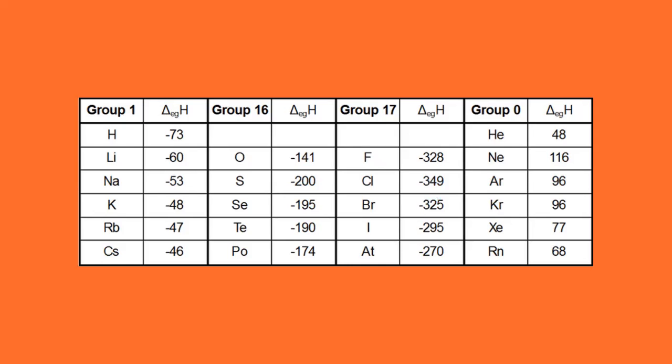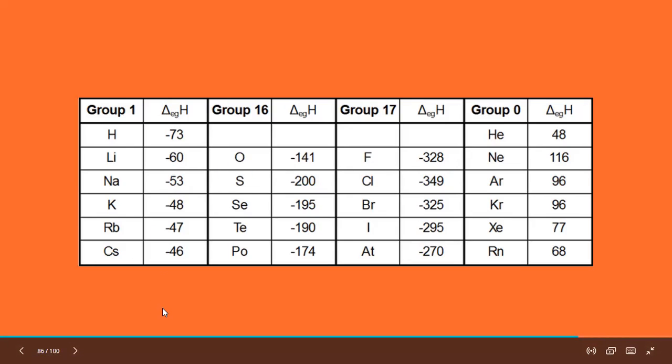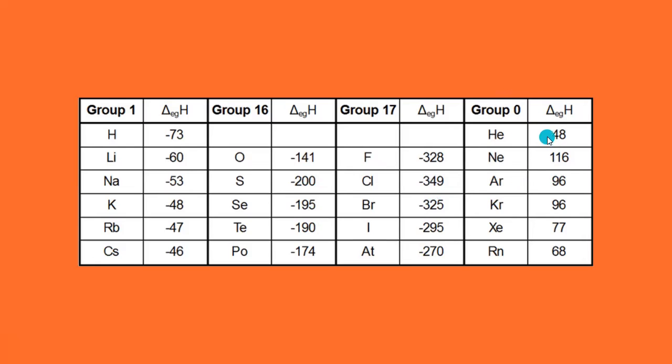So first of all, across the period, the electron gain enthalpy is becoming more negative. Down the group, it is becoming less negative. Group 0, that is our noble gases, have their electron gain enthalpy as positive values. And half-filled and completely filled atoms like beryllium, magnesium, nitrogen, and phosphorus have close to 0 as their electron gain enthalpy because of their half-filled and completely filled orbitals.